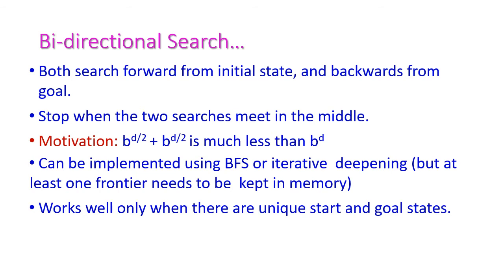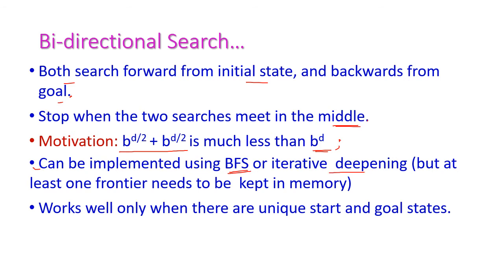Both searches, forward from the initial state and backwards from the goal state, start simultaneously and stop when they reach the middle point. The motivation here is that the time requirement is b power d by 2 plus b power d by 2, which is much less than b power d. So it is very much optimal, and it can be implemented using breadth first search or iterative deepening search.